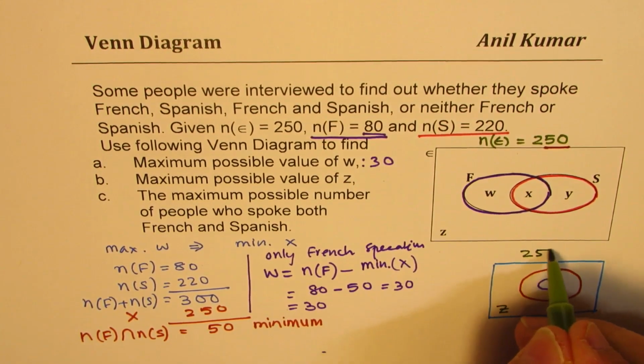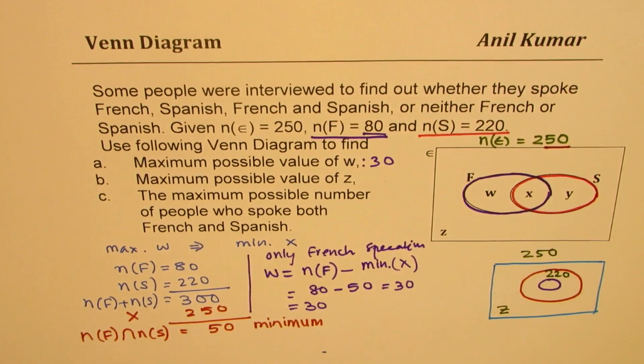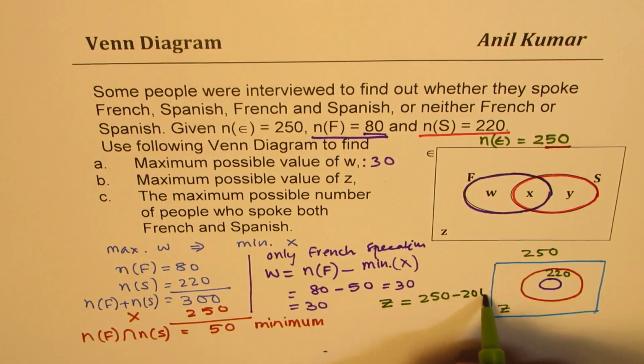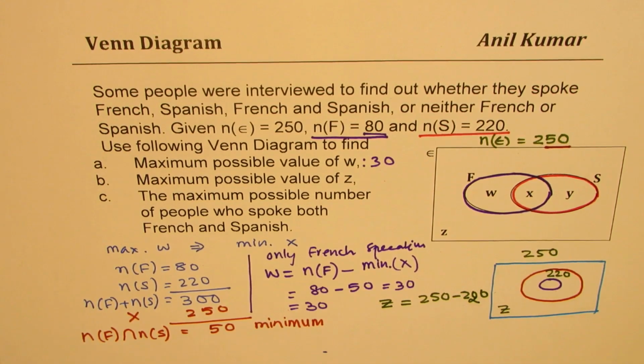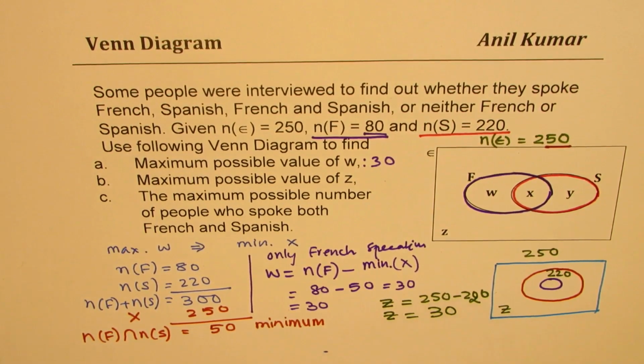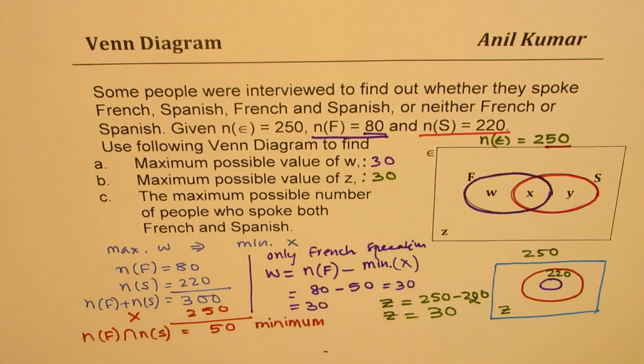Now we know the total is 250, and the Spanish speaking in this surveyed group is 220. So Z should be equal to 250 minus 220, right? All are speaking both languages, French or Spanish. So in that case, we get the value of Z to be 30. That could be the maximum possible scenario.